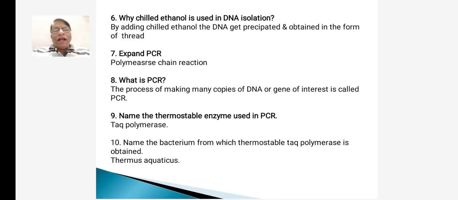When we add chilled ethanol, the DNA gets precipitated and it occurs in the form of a thread. We call it spooling. So that's all.